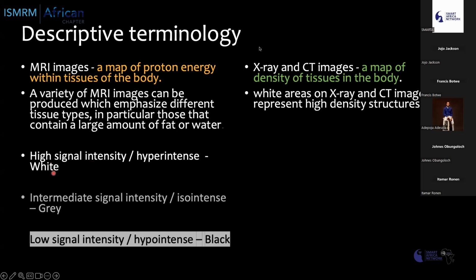And we use the term signal instead of density. If there's intermediate signal intensity, it means gray, and in the brain, the reference is the brain matter, the cortex. And if it's dark or black, then it's low signal. But remember, we use signal intensity instead of density as compared to CT and X-ray images.